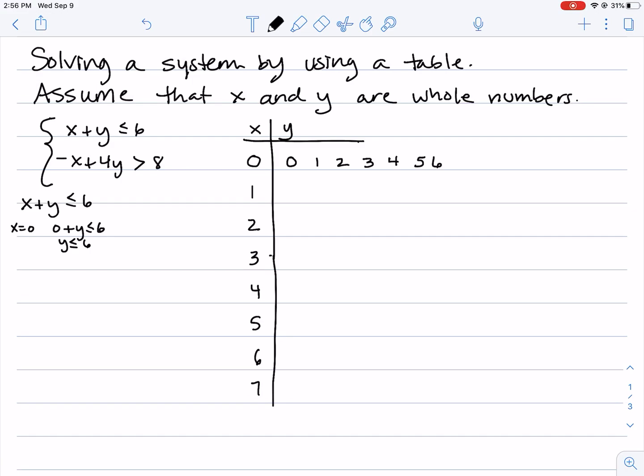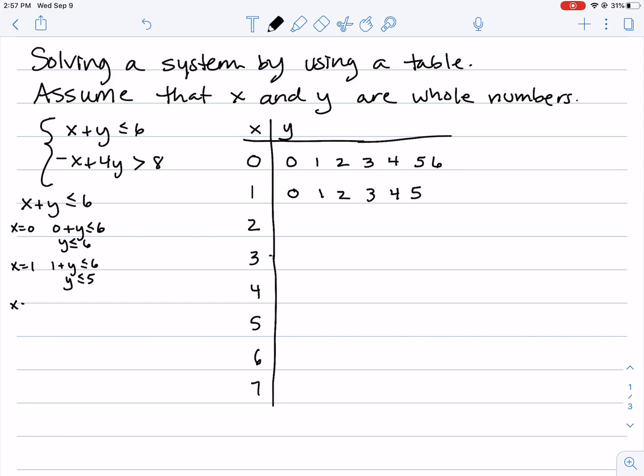Now I'm going to go to x equals 1. I plug 1 into that inequality: 1 plus y less than or equal to 6. Solving it, y is less than or equal to 5. So for x equals 1, I list all of the whole numbers less than or equal to 5: 0, 1, 2, 3, 4, and 5.